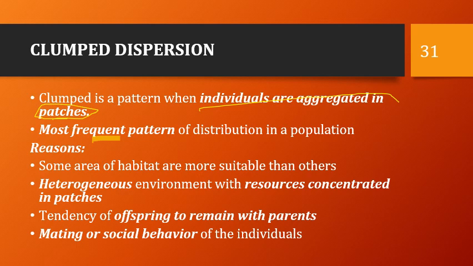So there is a particular area in a community that is like a hotspot where they only grow. That is what patches are, okay? Generally, organisms are grouped together in patches within their habitat.